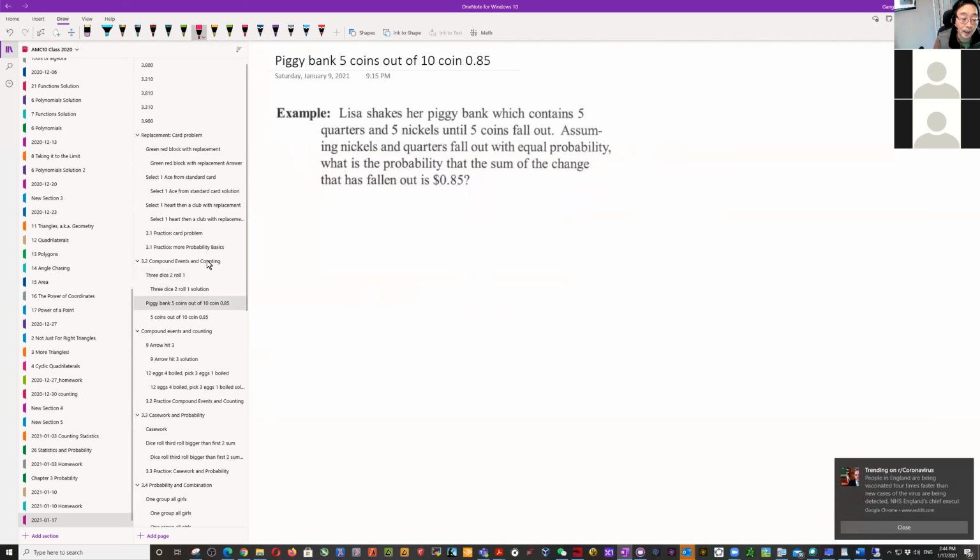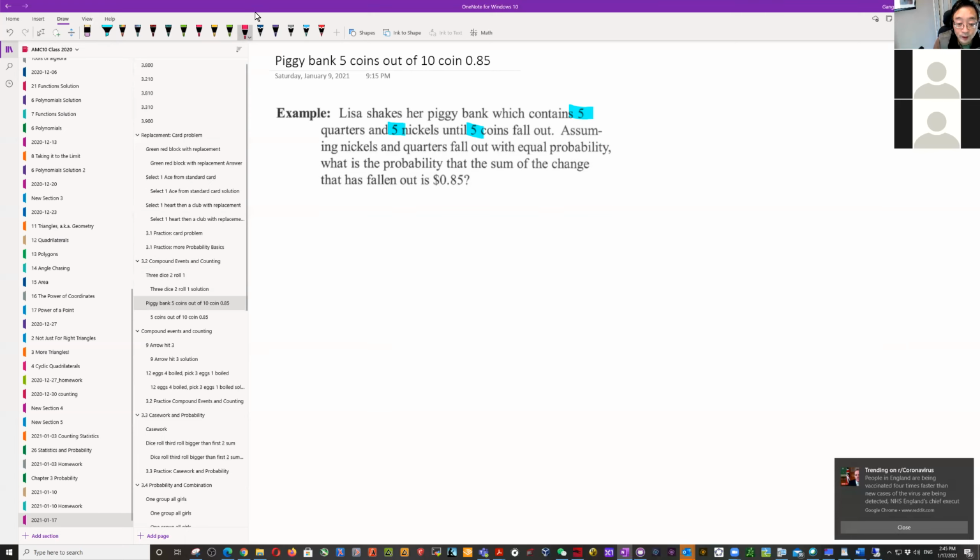So this one is the piggy bank problem: 5 coins out of 10. Let's try to read the problem. There are 5 quarters and 5 nickels, and we take 5 out.